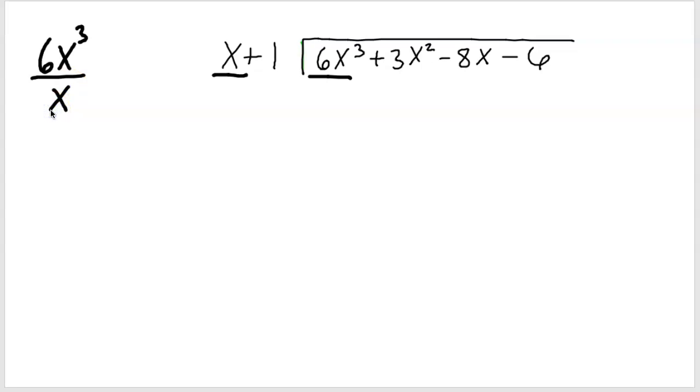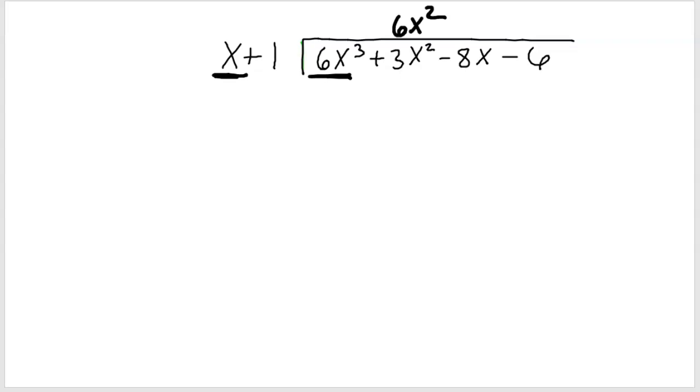But if we just divide them over here, I'm going to show my work on the side, you end up with 6x squared. And so x goes into 6x cubed 6x squared times. Okay? So I just take the one on the inside there, and I divide it by the one on the outside. And I put the result up on the top there.